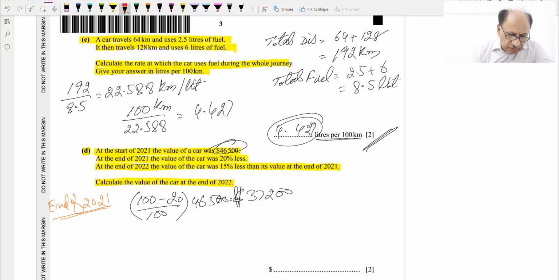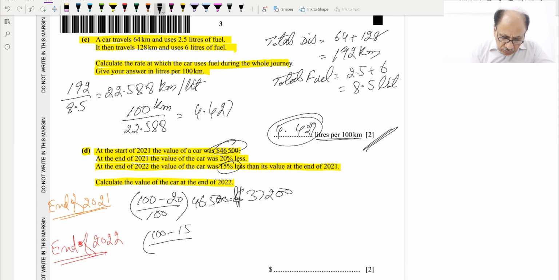Now we'll proceed to the end of 2022. What will be the situation? Further reduction of 15%. So they have mentioned a 15% reduction here, and for this amount we will be calculating the reduction.